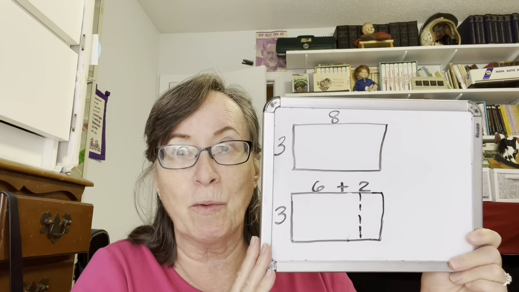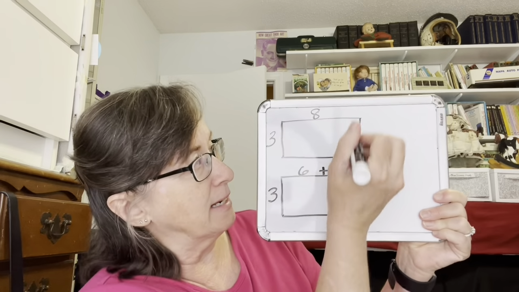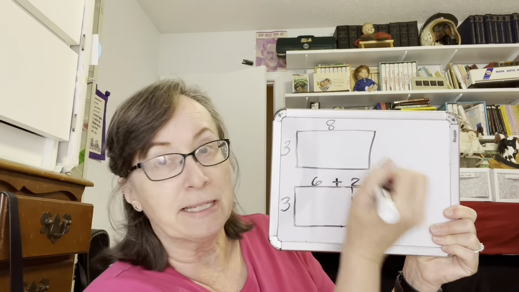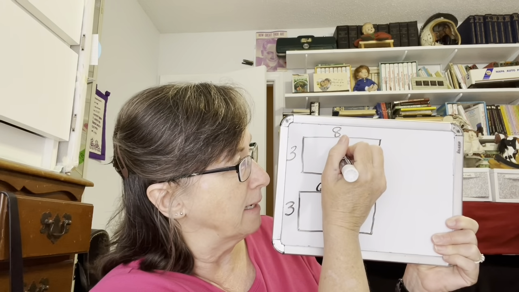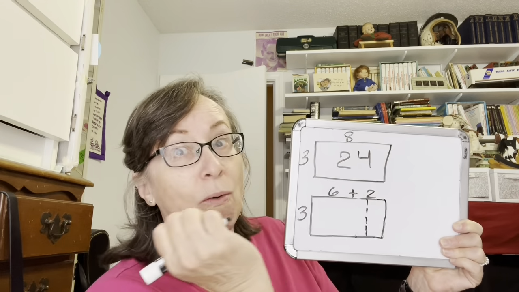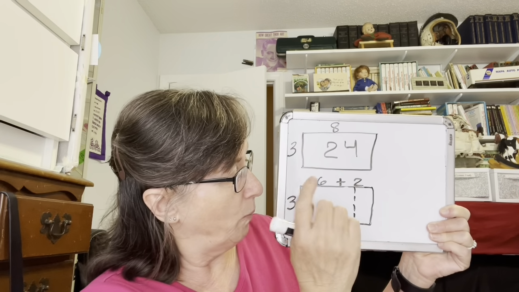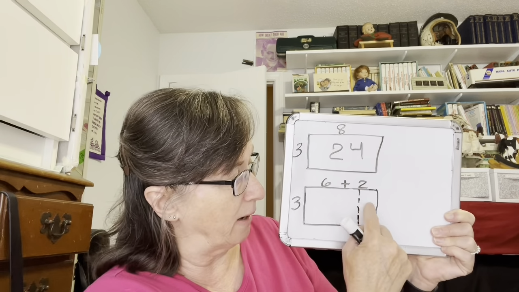So suppose I wanted to find the area of this rectangle, and I could find it by multiplying 3 times 8, because we know area is 3 times 8, which is 24, length times width. Or we could find the area of this little one and the area of this little one and add them together, and that should be the same area.